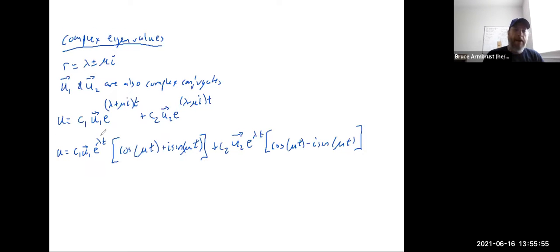All right, now to kind of help us with this a little bit, I'm going to rewrite the u1 and the u2. Let's think about this vector u1 as a plus bi, where a and b are the vectors that hold the real parts and the imaginary coefficients, respectively. So then u2 is going to be a minus bi.